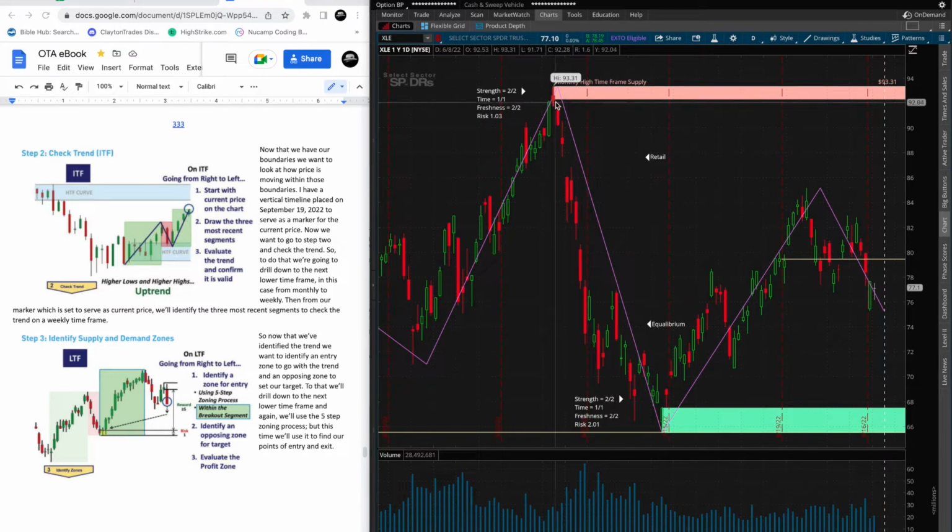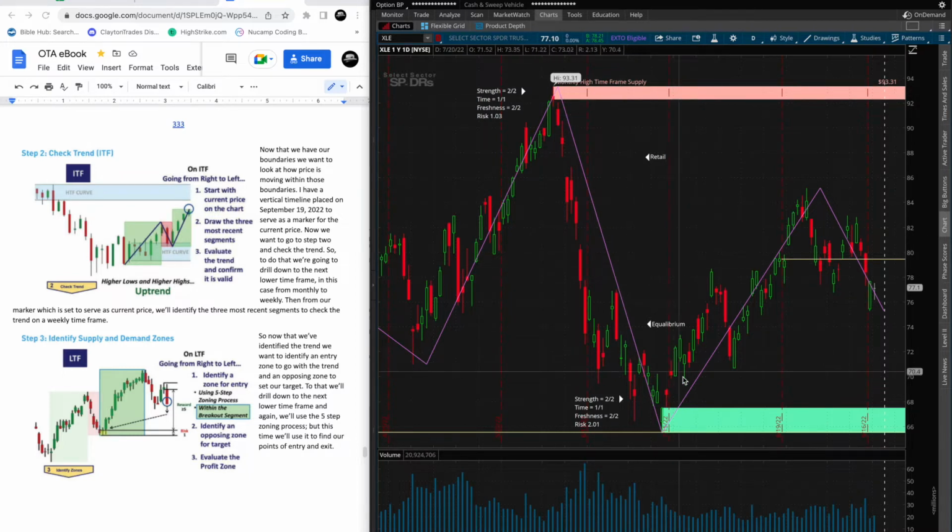And again, whenever we identify a supply zone, we go with the lowest body within the base. And since we only have one basing candle here, that's pretty much a no-brainer. We have a rally, base, drop formation. So we use the lowest body to the highest wick.